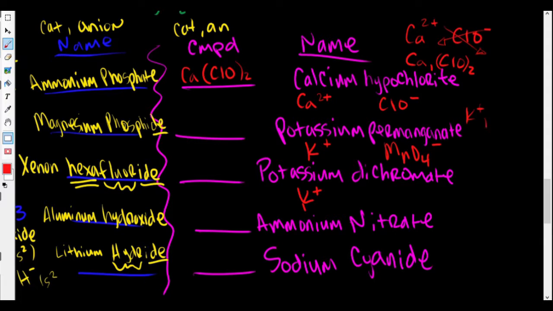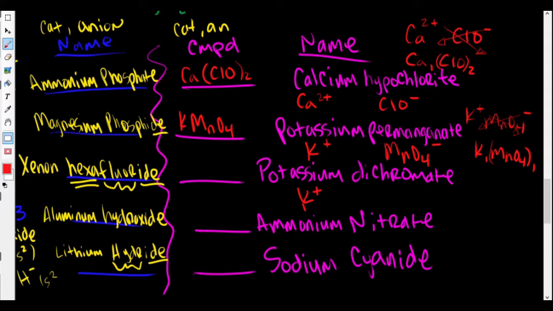K+ MnO4-. I'm going to go ahead and swap the charges. So K1, MnO4 1. Well, since they're both 1s, we can just write KMnO4. That tells me that there's 1 potassium and 1 permanganate.